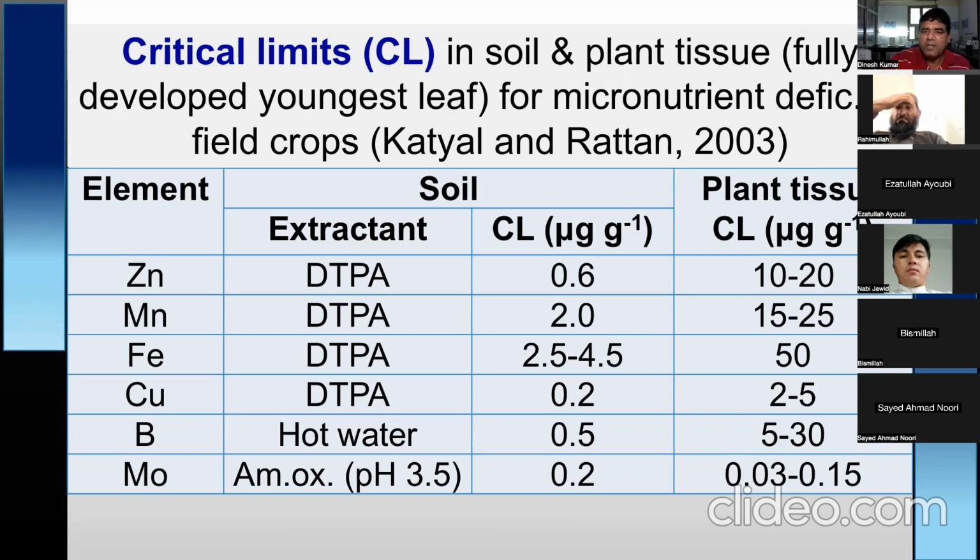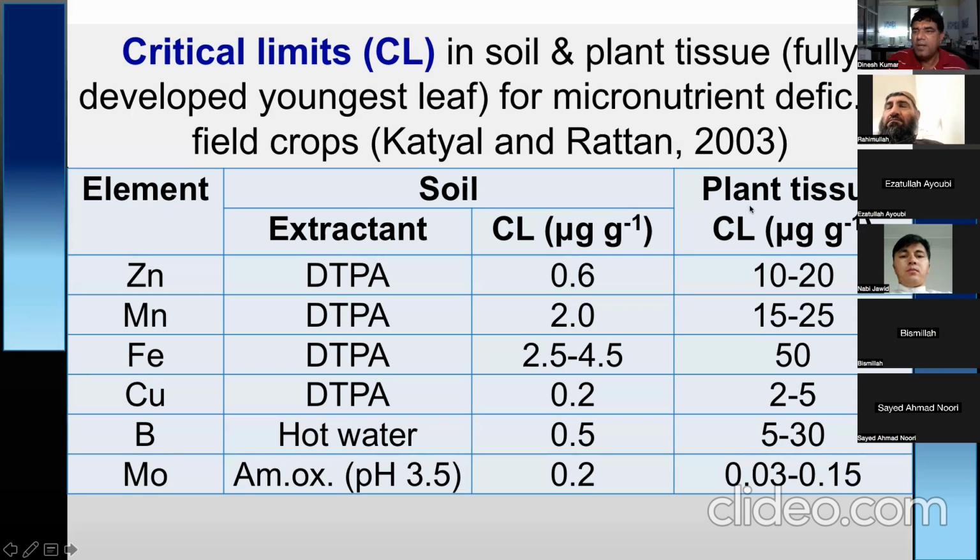Then the concentration in soil is 0.6 microgram per gram, or you can say 0.6 milligram per kg. Equivalent units are there. You can call it 0.6 ppm, or 0.6 milligram per kg, or 0.6 microgram per gram.